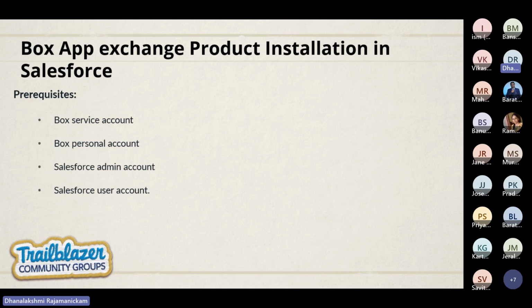The very first one is the Box service account, from which you can manage all the Box for Salesforce integrations. Your service account must have admin or co-admin level permission, and it is the one which makes the API calls from Salesforce to Box. The next thing you need is a Box personal account. And from the Salesforce side, you need a Salesforce admin account and a Salesforce user account.